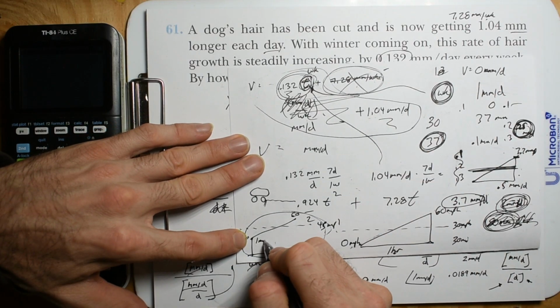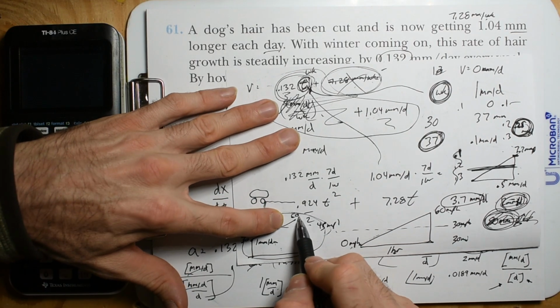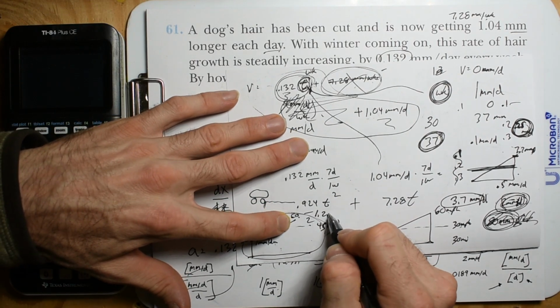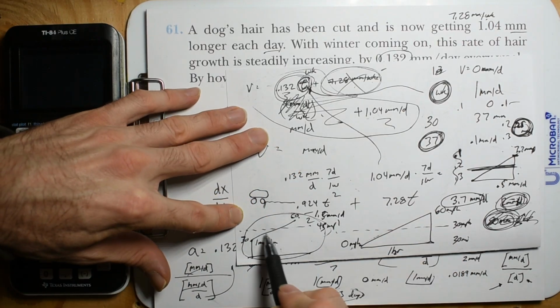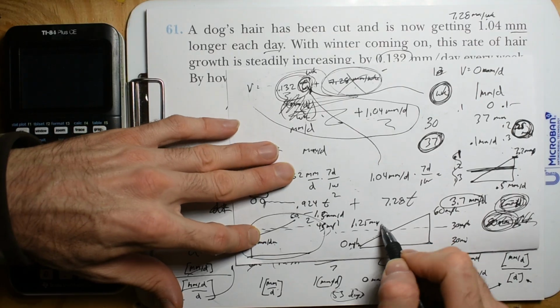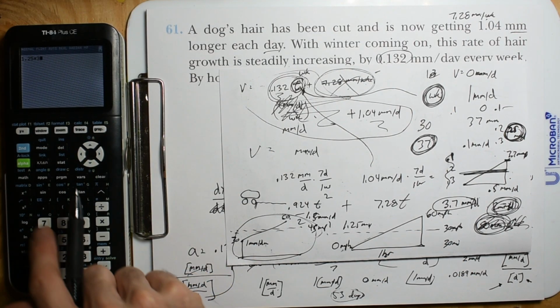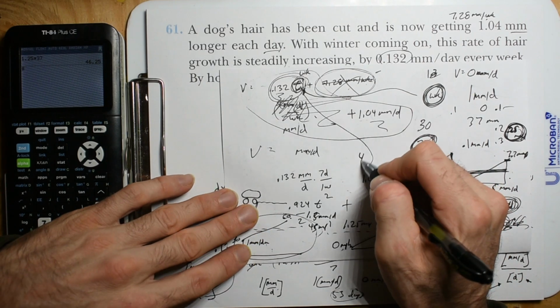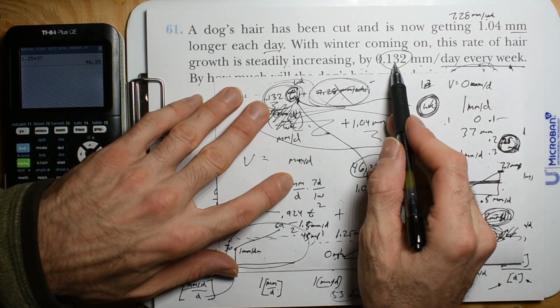Hey, this is 1 millimeter per day velocity, and then up here is 1.5 millimeters per day. So then you can easily see that my average velocity is 1.25 millimeters per day, and we're going to have 1.25 times 37. And that gets us fairly close, 46.25. Obviously, there's another third here.